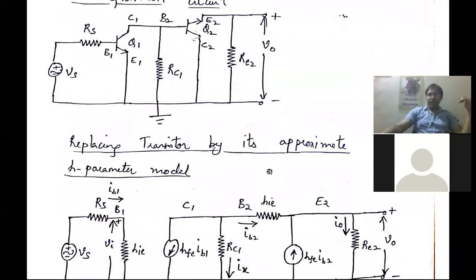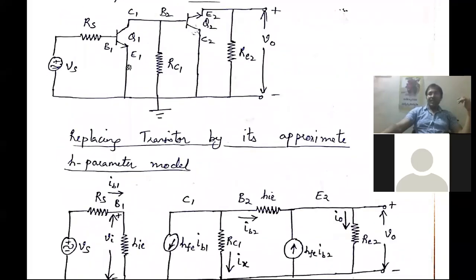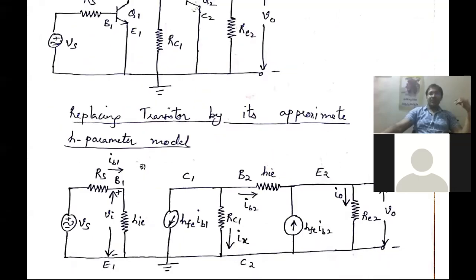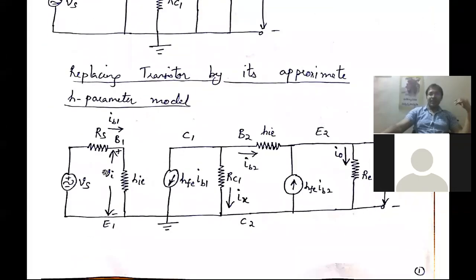Then what are we doing? We are naming the transistor terminals: emitter, base, collector. Corresponding to the first transistor E1, B1, C1, and corresponding to the second transistor E2, B2, C2, so that it is easy for us to replace each transistor with its equivalent circuit.